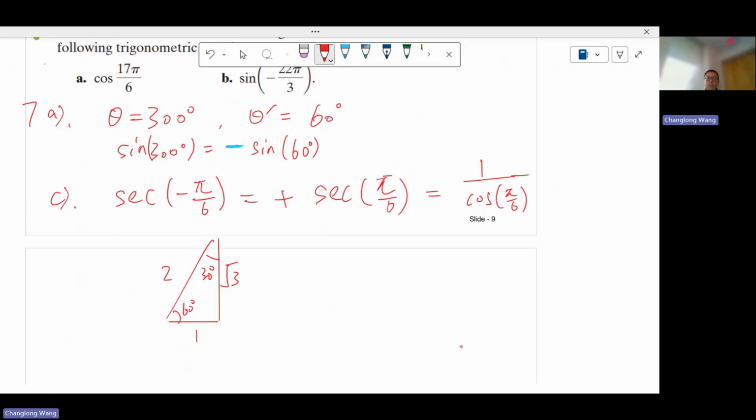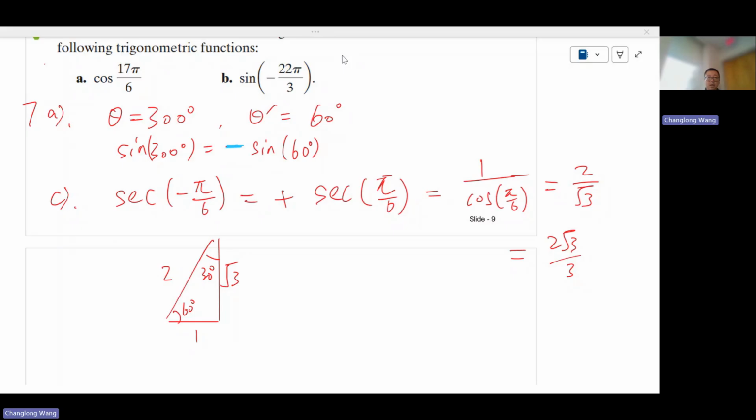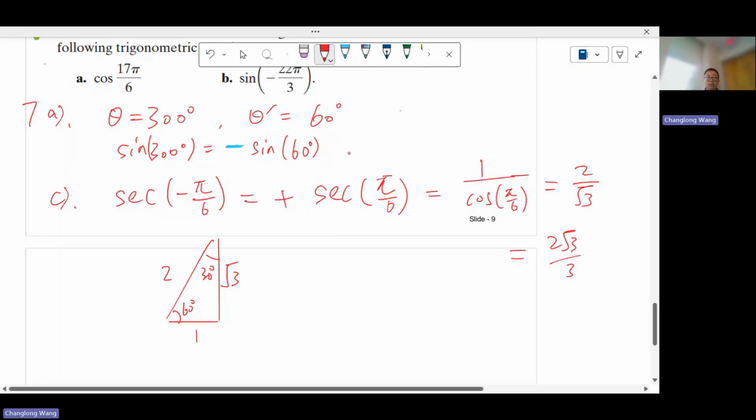So cosine of pi over 6, cosine 30, is adjacent over hypotenuse. So you're looking at radical 3 over 2, but you're flipping it, you get 2 over radical 3, right? It's not wrong if you leave it like that. But if you could, rationalize the denominator just in case. There you go, right?